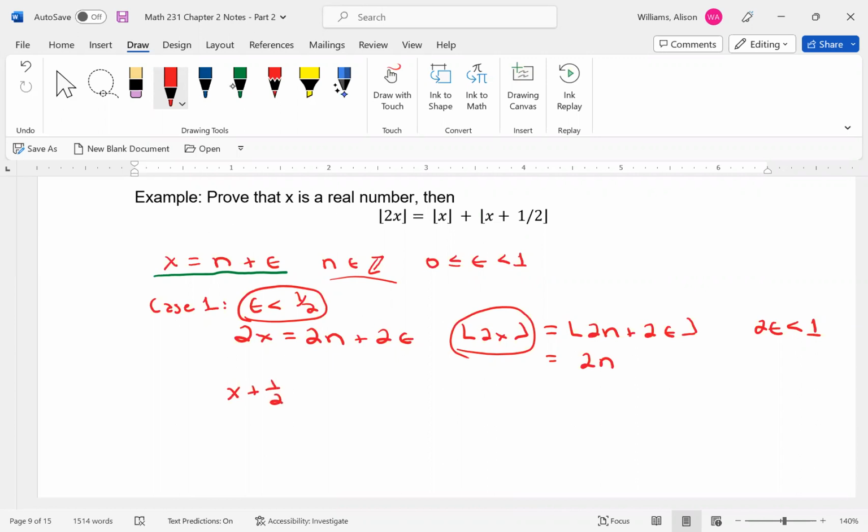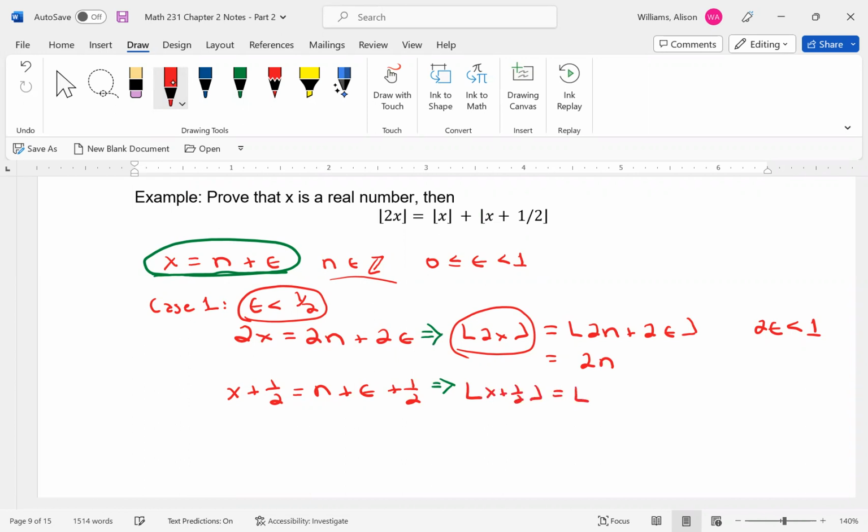So here, I'm going to come back up to this thing, which I just now circled. And if I add 1/2 to it, that means I could just add 1/2 to the other side. Do you agree? Plus 1/2. Cool. Okay, so if I want to look at the floor function for this, x plus 1/2.